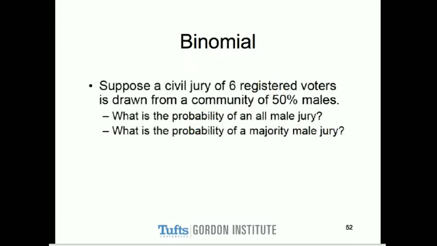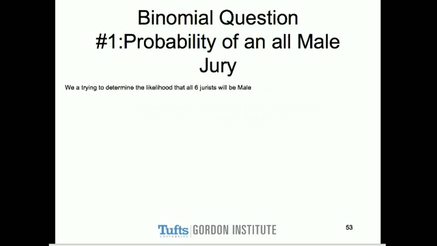So from a question, suppose a civil jury of 6 registered voters is drawn from a community of 50% males. So the first question we're going to ask in this case here: what is the probability of an all-male jury? So what we're trying to do is determine the likelihood that all 6 jurors will be male.